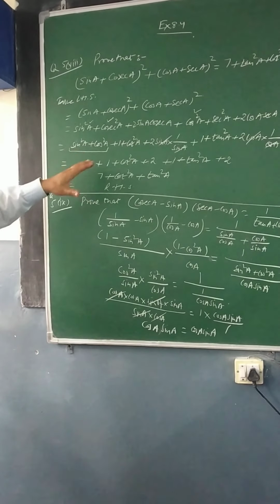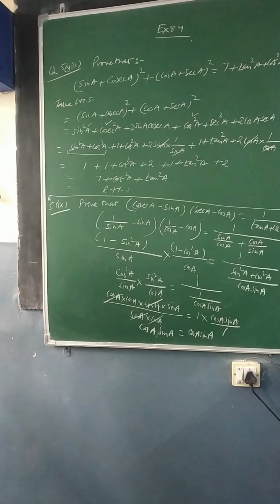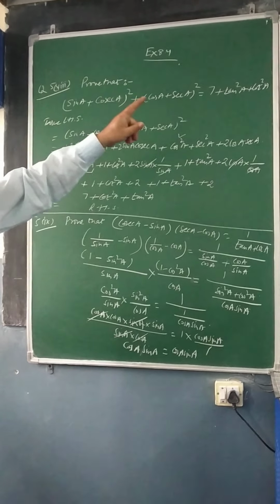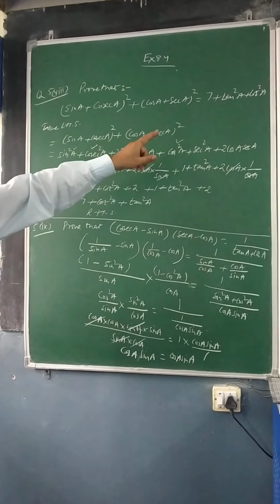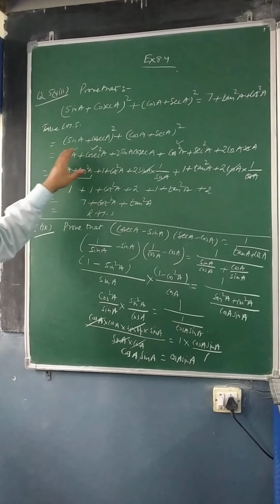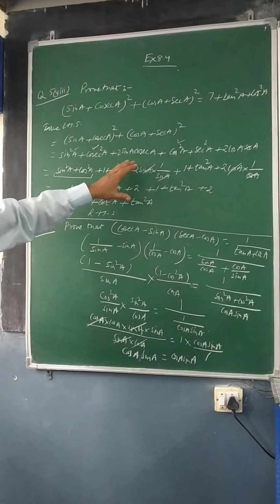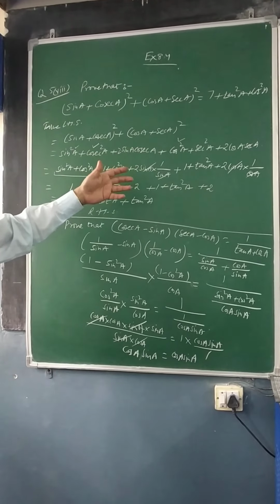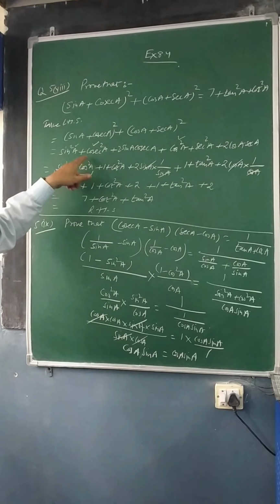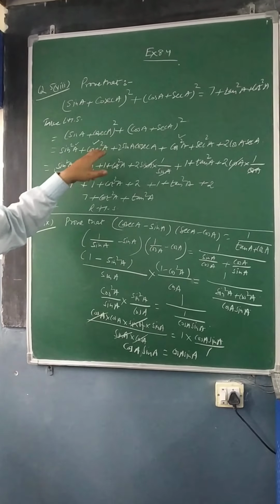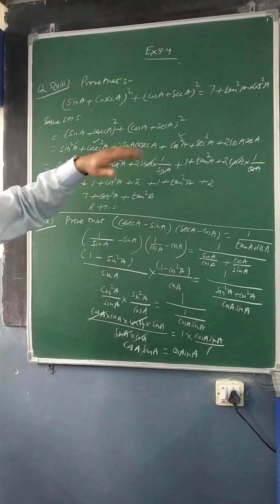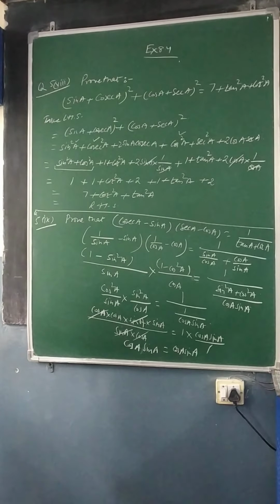So it is very important to recall the identities and simultaneously keep a watch upon your right hand side, what you are looking for. And wherever it is possible to replace, please do that immediately. As I was learning, cosec square A somewhere I don't need, I know I need cot square A, so I just can express cosec square A in terms of cot.